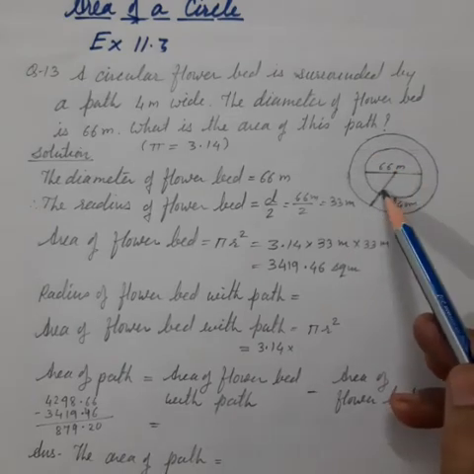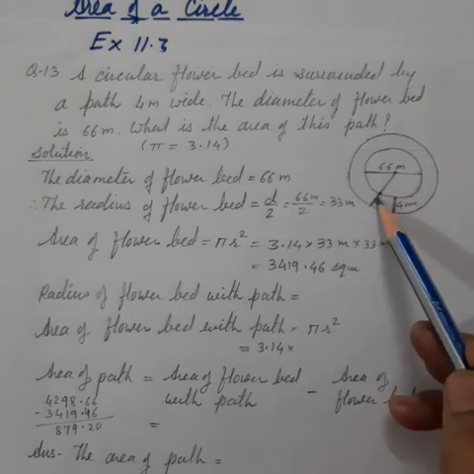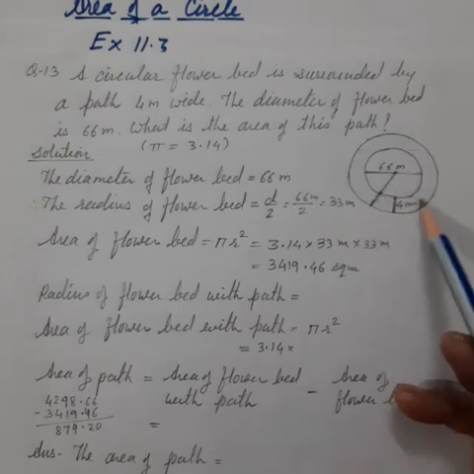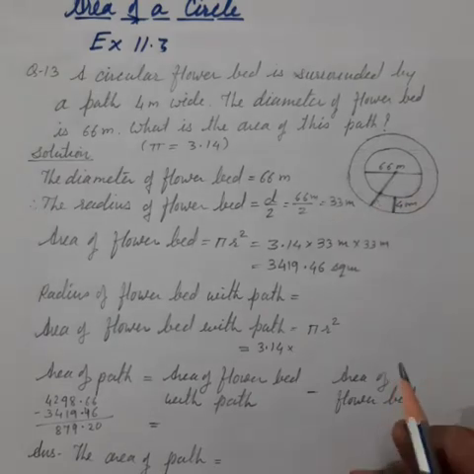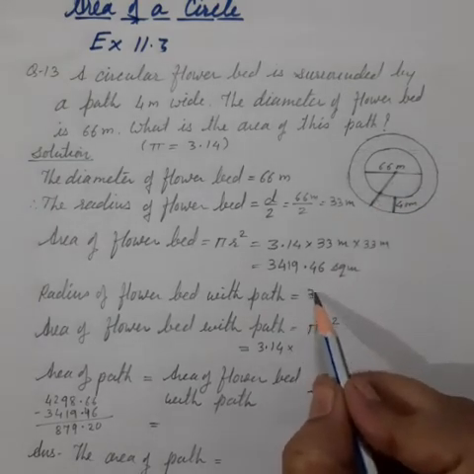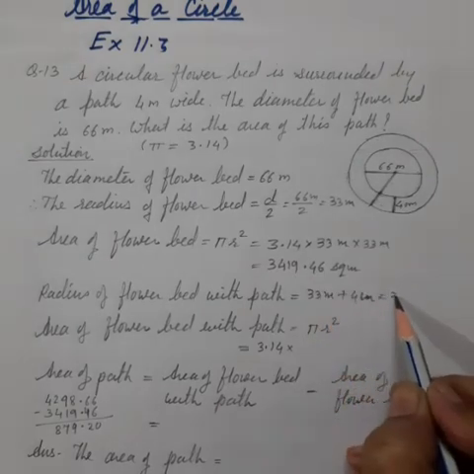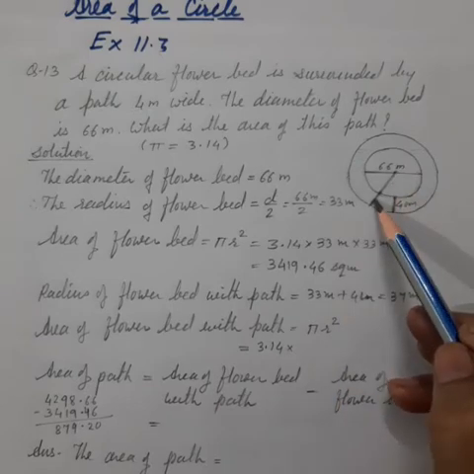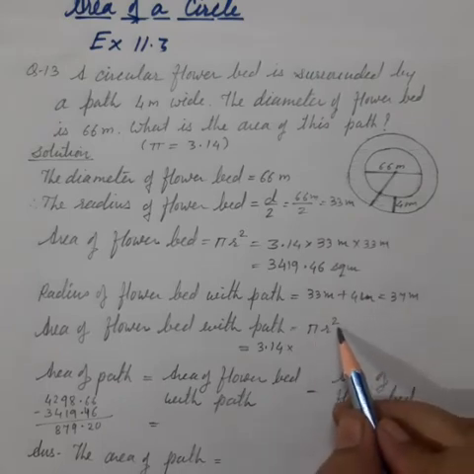Now find out the area of outer circle. Here the radius of inner circle is 33 meter plus this width of path, that is 4 meter. So total radius of the outer circle is 33 plus 4, 37 meter. This is the radius of outer circle. Now find out the area of outer circle. Pi r square.